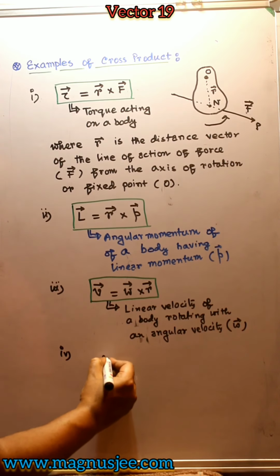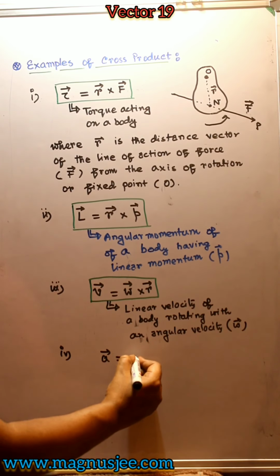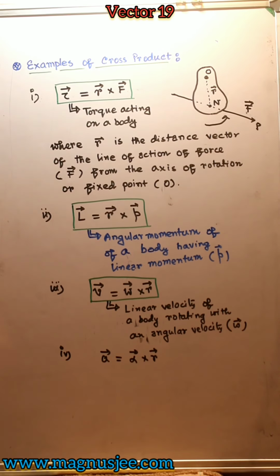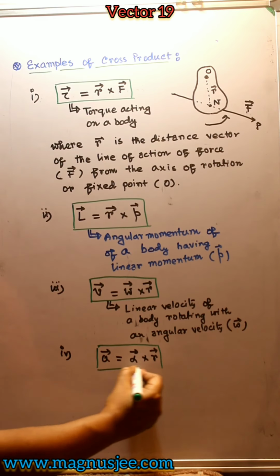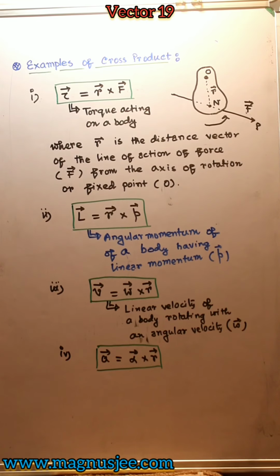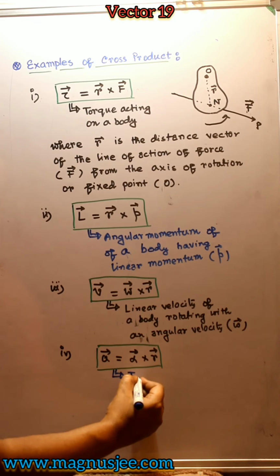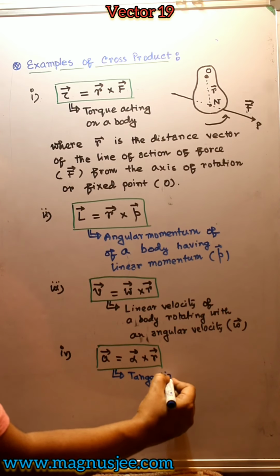Number 4. Now number 4 is tangential acceleration, which is vector A equal vector alpha cross vector r. This is the linear acceleration or tangential acceleration of a body revolving in a circular orbit with angular acceleration alpha.